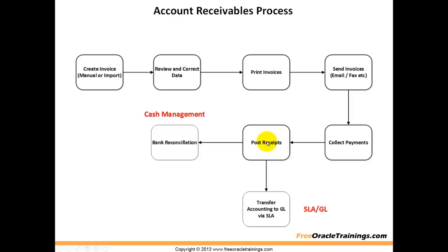At the same time, Oracle has also given an option that if you don't want to automatically match and reconcile, then one can manually go and map those transactional lines from the bank statement and reconcile them with the receipts. Once you reconcile, it means the money received by the bank from the customer has now been applied to the receipt.